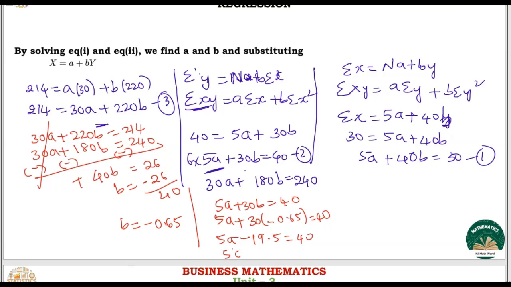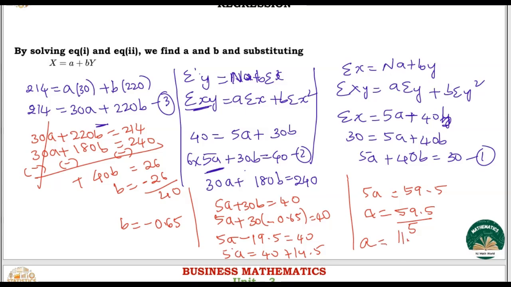If 19.5 goes to the other side, it becomes plus. So 5a equals 40 plus 19.5, which is 59.5. Then a is 59.5 divided by 5. If you divide, you get a is 11.9. So a value is 11.9 and b value is minus 0.65.